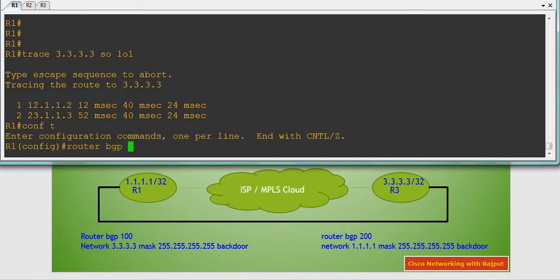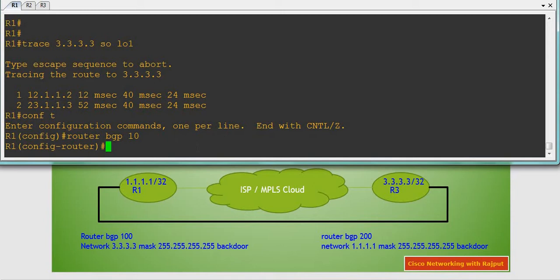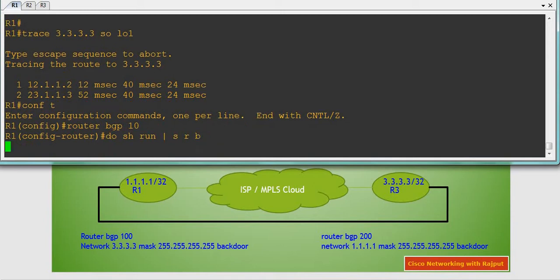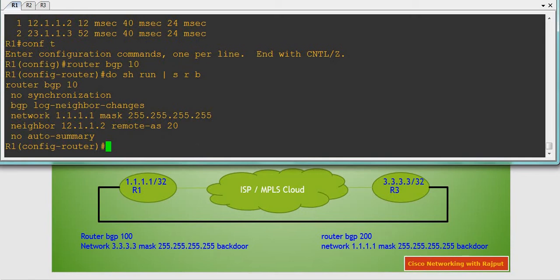Router BGP 10, do show run section router bgp. See over here, this is the network we are advertising, and now we will enter the network statement for the remote prefix for which we want to increase the AD value.